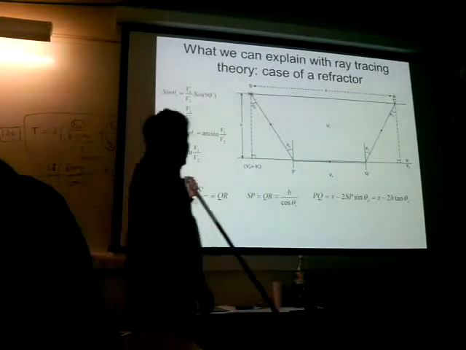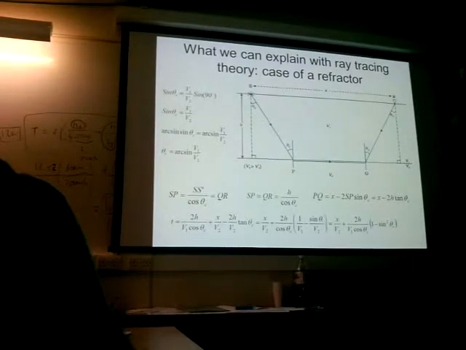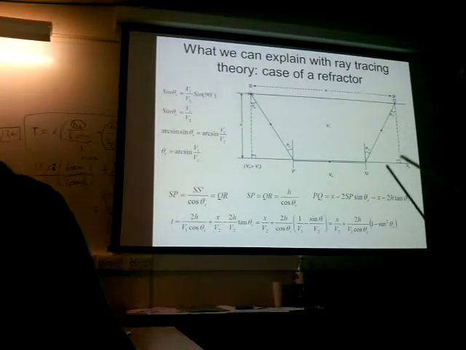Why? Well, now I have to put it all together, because now I can write the equation of the two-way travel time of a ray that is doing that path. That one, and that one.